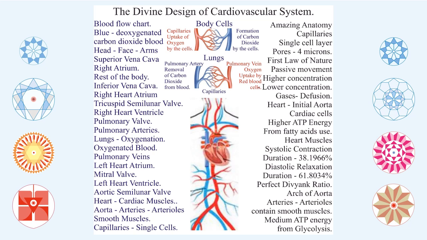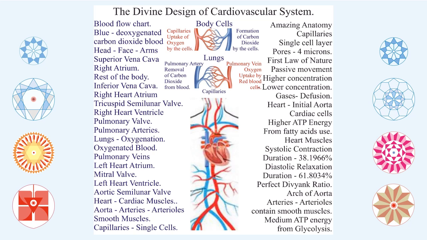Now to come to the question of the amazing anatomy of the capillaries. Capillaries are single cell layers with pores of 4 micron. As a result, the first law of nature applies: passive movement from higher concentration to the lower concentration.